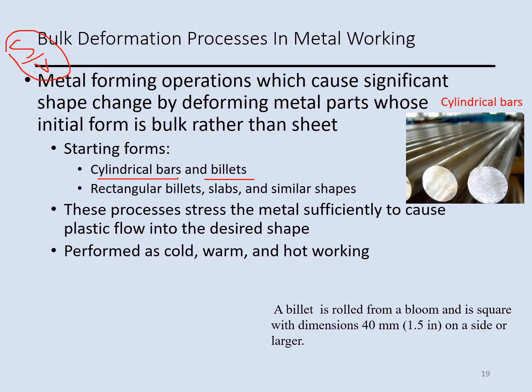They can be rectangle, they can be a slab. We don't work with sheet metal in this process, and we need a large amount of force to cause a plastic flow or plastic deformation until we get the desired shape. And this process can be done at room temperature, cold, or warm, or hot, or high temperature.